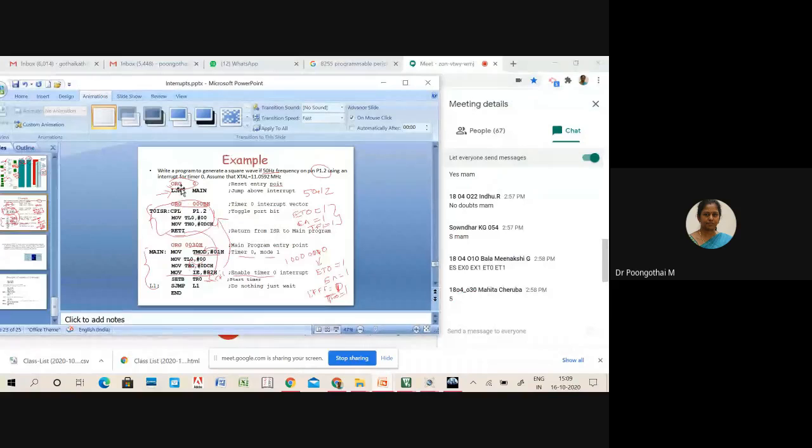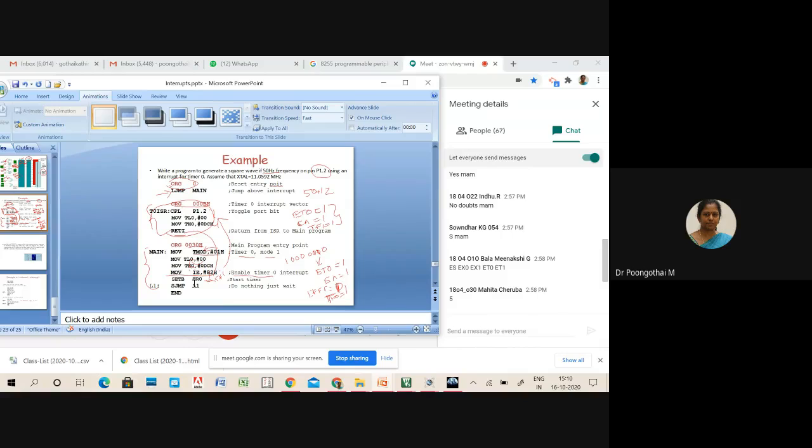So first you have to define your program memory starting address, and after that you have to jump into your main program. In main, initialize your TMOD value based on your mode selection, load your timer initial values, and define your IE register based on the interrupt request, and after that you start the timer.